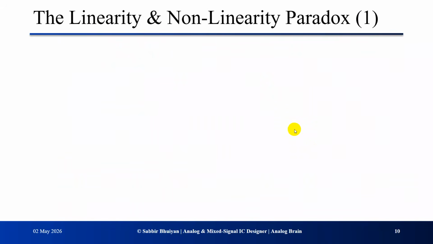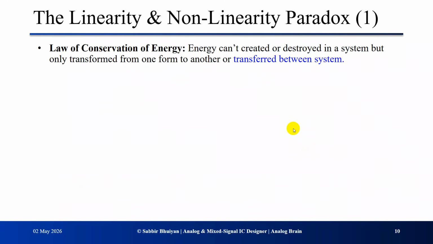So, the linearity and non-linearity paradox. Now we invoke the law of conservation of energy, because one can ask how your output power can be greater than the input power, Pout greater than Pin. Are you violating the law of conservation of energy, violating physics?